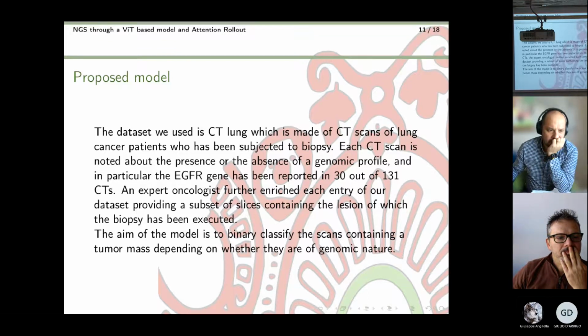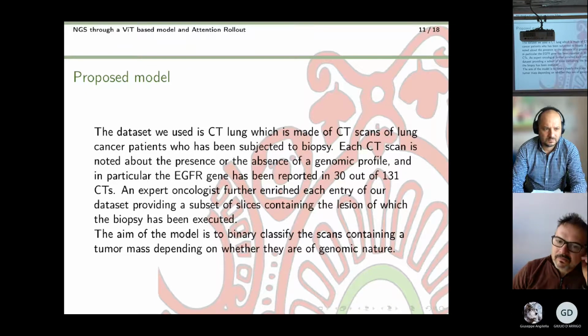In the subset of the dataset we used, we have 30 cases out of 131 with the presence of EGFR. Also, an expert oncologist provided us the segmentation masks, so we exploited them.